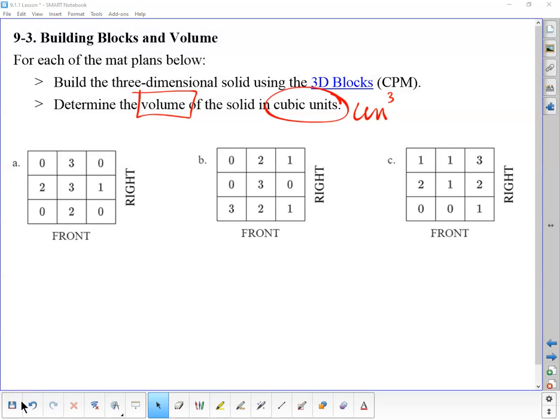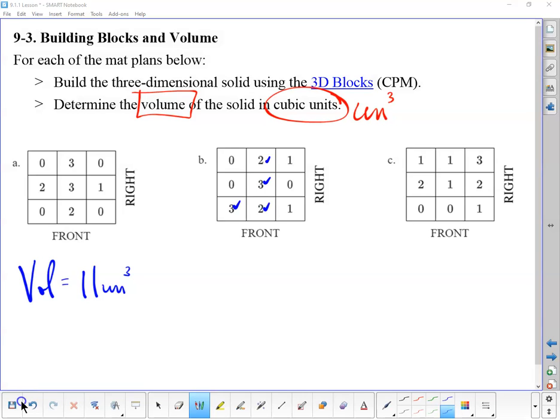But anyway, the volume of this one is going to be 2, well, let's see, we got 6, 10, 11. So that'd be 11 units cubed is the volume for this one, for A. And then we've got 1, 2, 3, 4, 5, 6. This is 8, 9, 1, 2, 3, 4, 5, 6, 7, 8, 9, 10, 11.